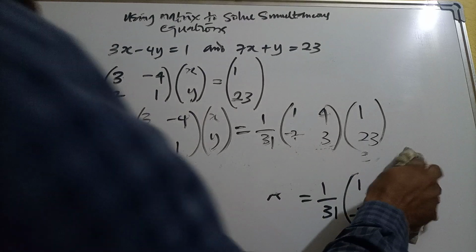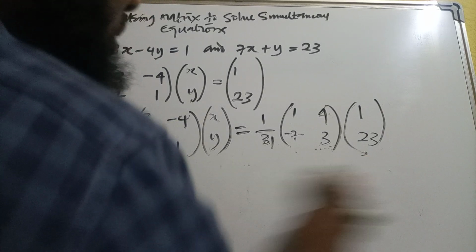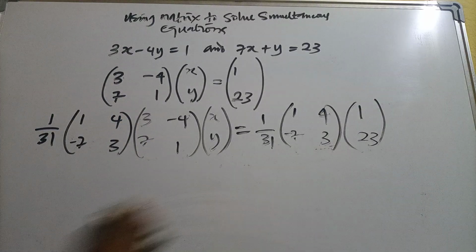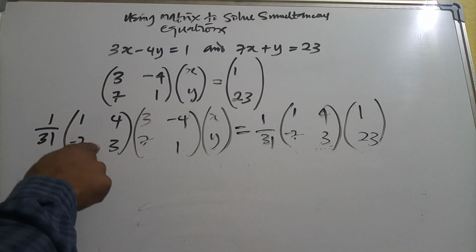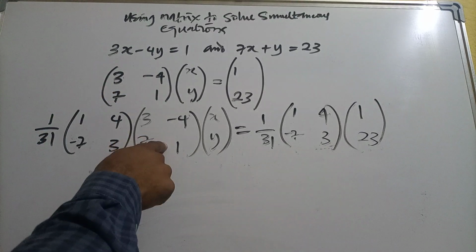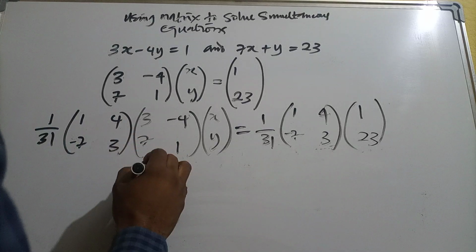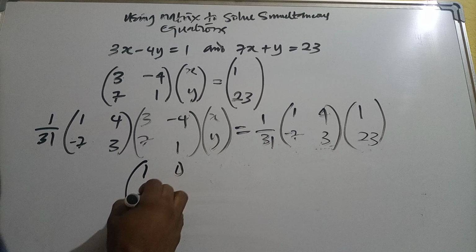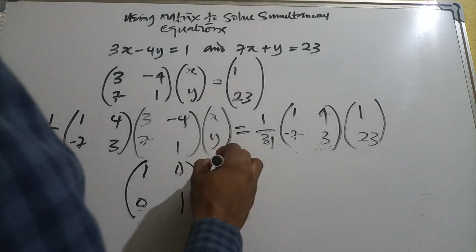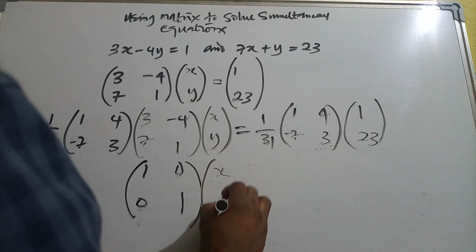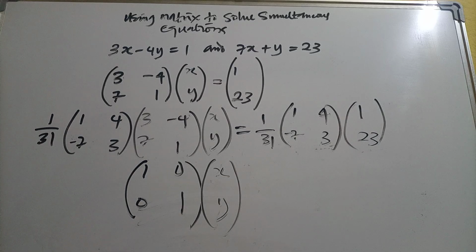So I am done with that. What I'm going to do next is this: multiplying the inverse of this matrix by the matrix itself gives me an identity, and the identity is 1, 0, 0, 1, times x, y.